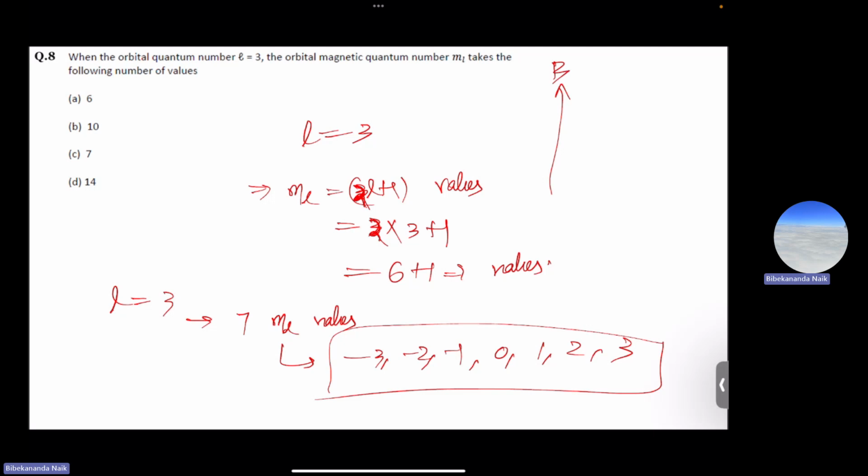Then corresponding to z, there will be 7 projections depending upon the value of ml. So there will be 1, 2, 3, 4, 5, 6, 7. So there will be 7 ml values, or 7 possible orientations, corresponding to a particular value of L.